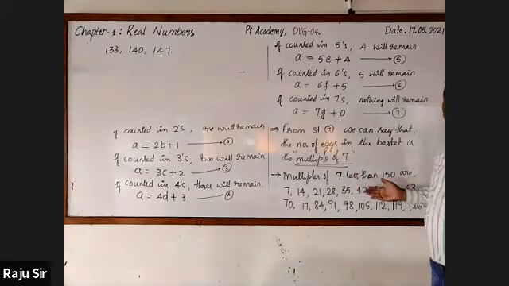Observe, go through the statements. If counted in twos, this is the first statement. By mistake, we have written it as 2. Let it be. If counted in twos, 1 will remain. If you go on counting 2, 1 will remain. That means, see that it is in the form of 2q plus 1.